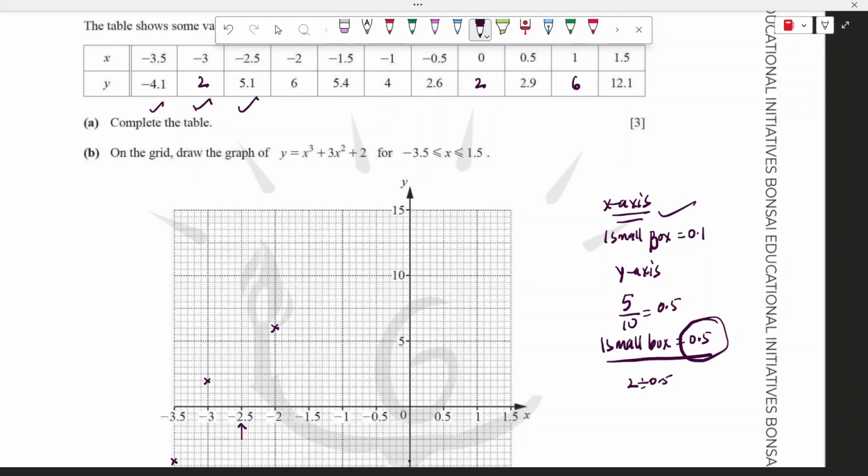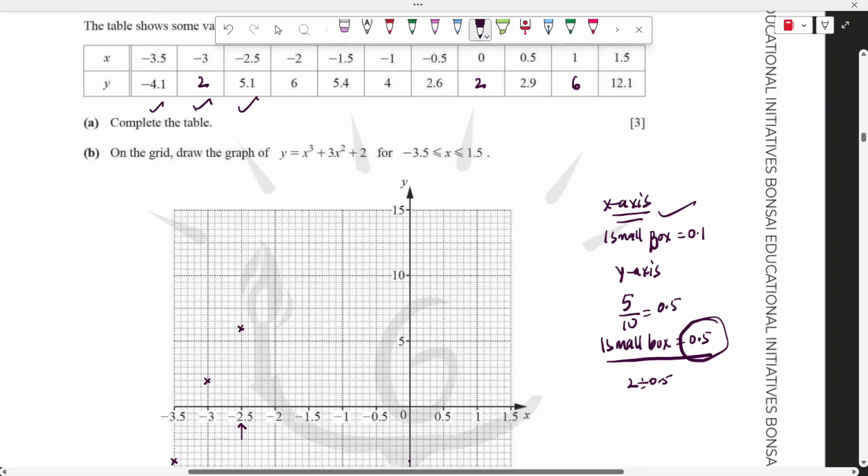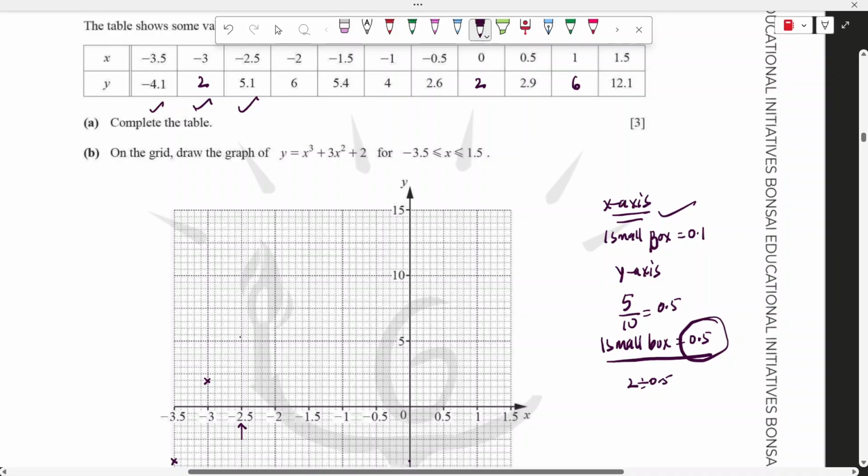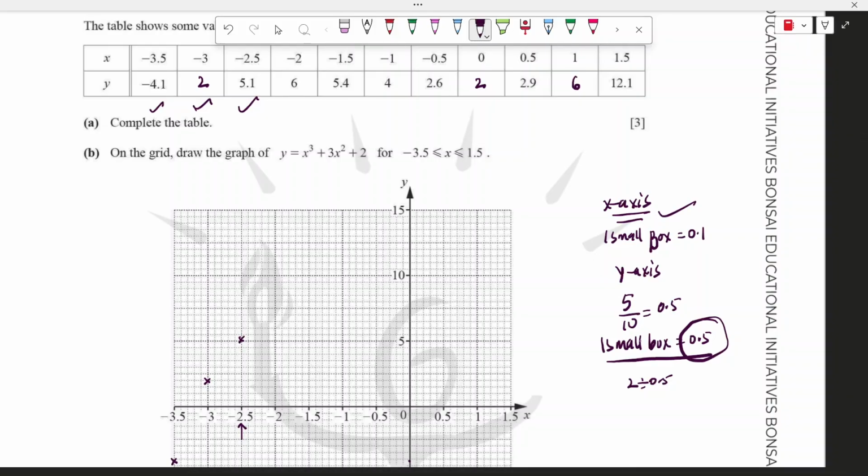I think I made a mistake here. 5.1 is going to be plotted on the 5 itself. So for minus 2 it is going to be 6. On minus 2 we have to plot 6, so minus 2 and 6 would be plotted here.